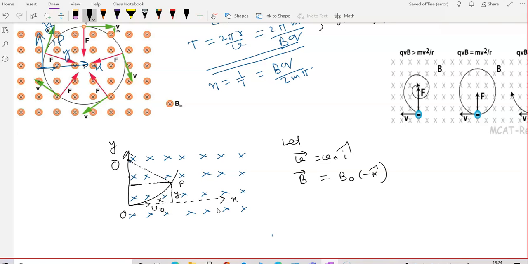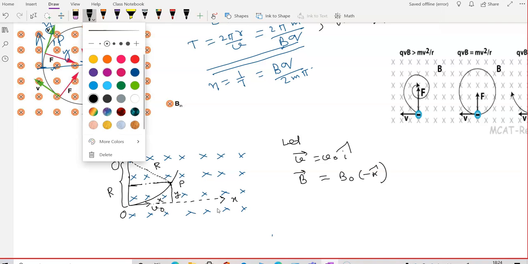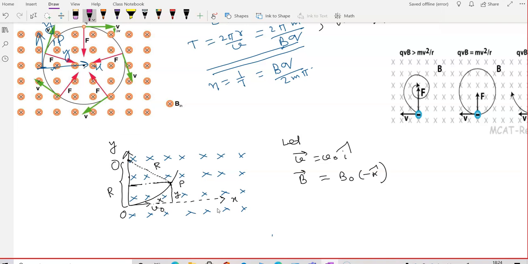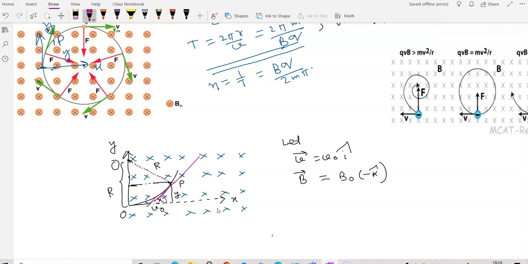I have joined from the center to this point. This is the radius, of course. This thing is also the radius. And imagine that from the initial direction, it is deflected by an angle theta.